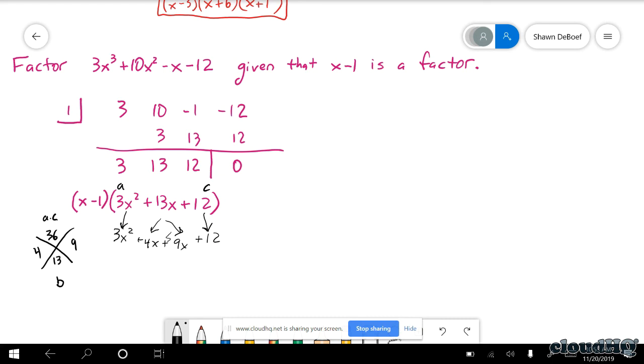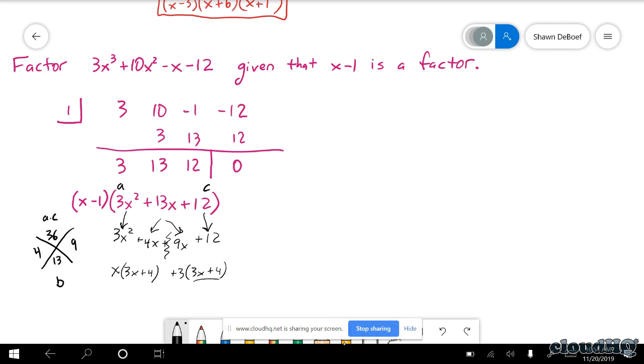And now I can factor by grouping. From the first grouping, 3x squared plus 4x, all I can pull out is an x, leaving me with the 3x plus 4. On the second grouping, I can factor out a 3. That's a positive 3. The positive there is probably helpful for in a little bit. Leaves us with 3x plus 4.